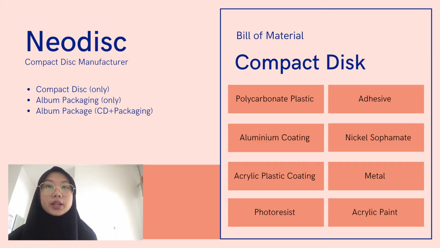The materials or components needed for manufacturing a compact disc are polycarbonate plastic, adhesive, aluminum coating, nickel sulfamate, acrylic plastic coating, metal, photoresist, and acrylic paint.